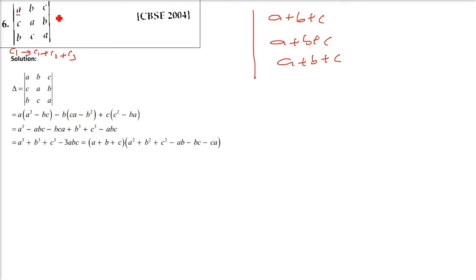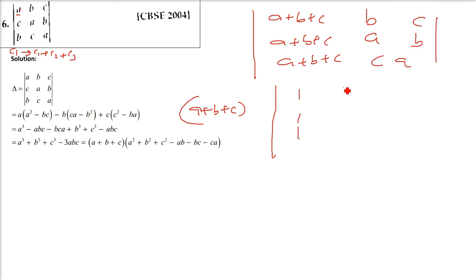You get a plus b plus c. bc remains, ab remains, ca remains. Now a plus b plus c I'm taking common. So you see also in the answer a plus b plus c is already there. So 1 1 1, b c a, b c a. Okay. Now subtract. That is row 1 and row 2.